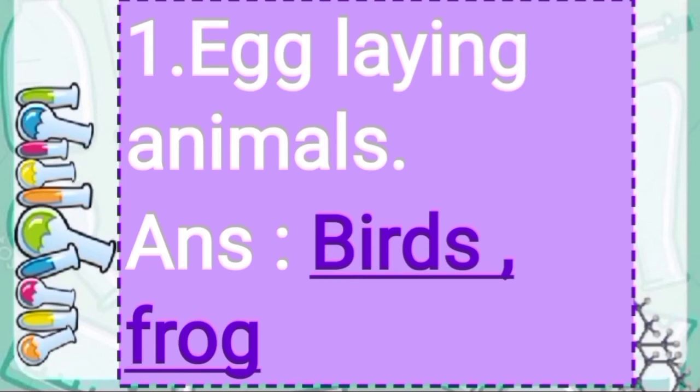So the question is egg laying animals. Answer: birds, frog. So as you know, many animals reproduce by laying eggs, and birds and frog also reproduce by laying eggs.